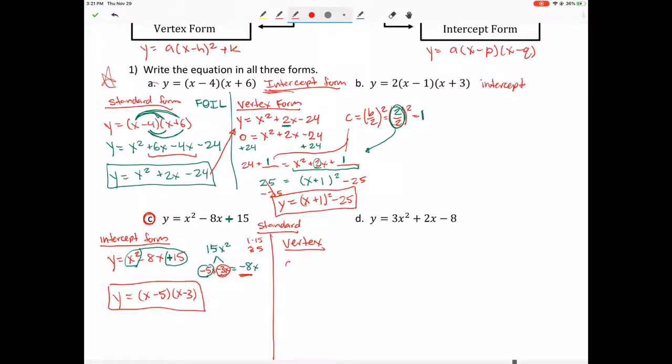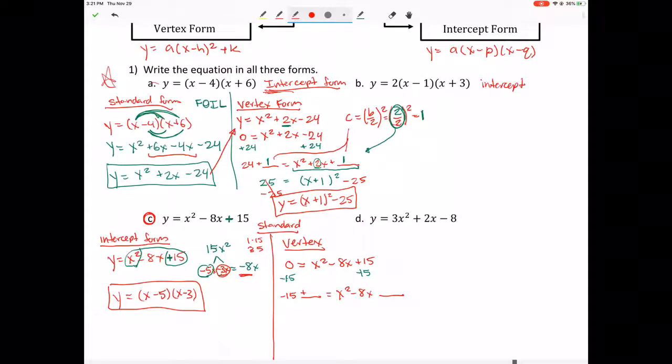We put it back in later, so we're going to have 0 equals x squared minus 8x plus 15. We will move the constant to the other side, so we have negative 15. We leave a spot for when we complete the square. We have to add it to both sides.